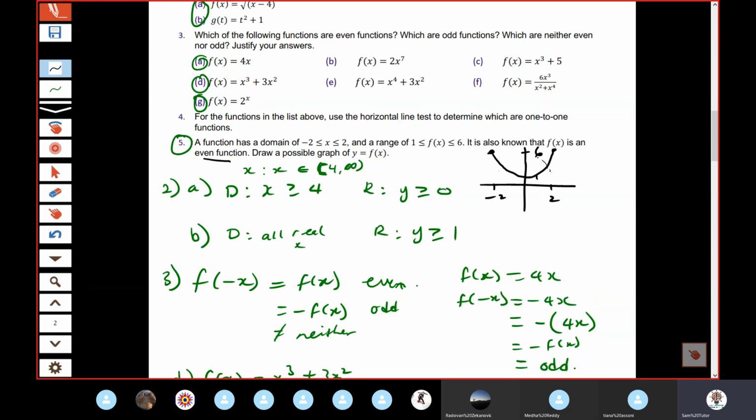And my range is from 1 to 6, and it starts at -2 here and it stops at 2 here. No arrowheads, as long as it's symmetrical. I think that's the key thing. Cool, which is like a semicircle. I guess that's probably where you got your idea from. That's fine. You could have done a semicircle, whatever. All right. Any questions?